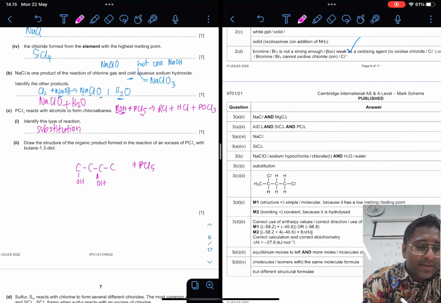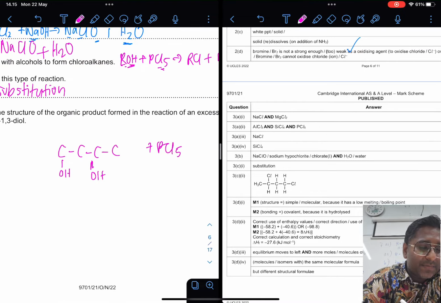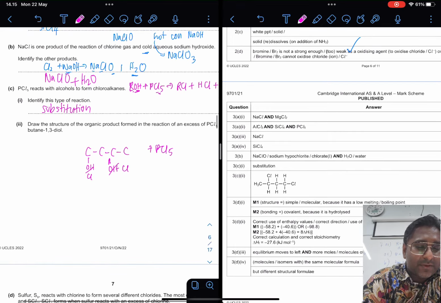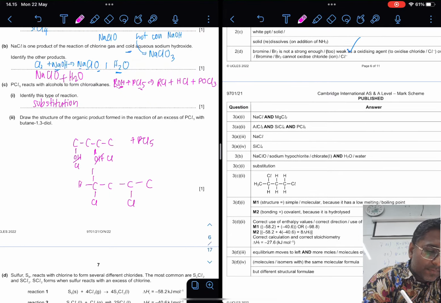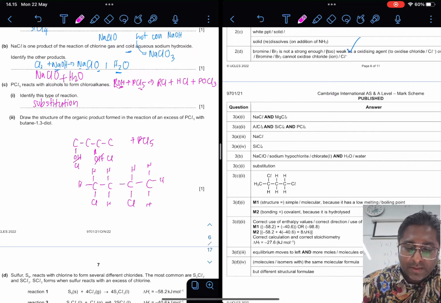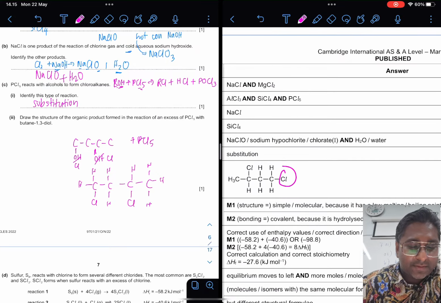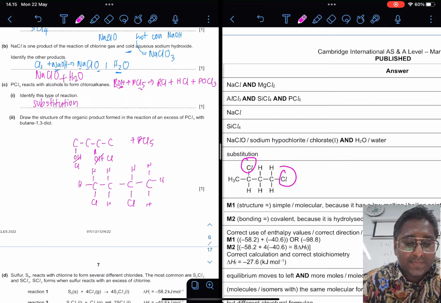The Cl will come here, and another Cl will be here. Just put in all the hydrogens. Let's quickly check the marking key. You can see the Cl at position 1 and Cl at position number 3.